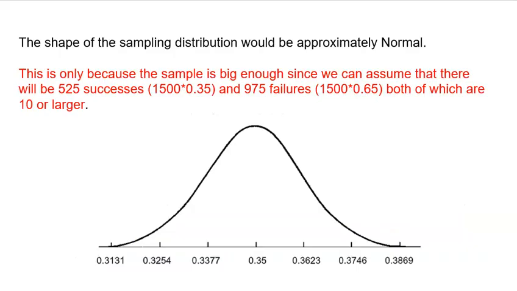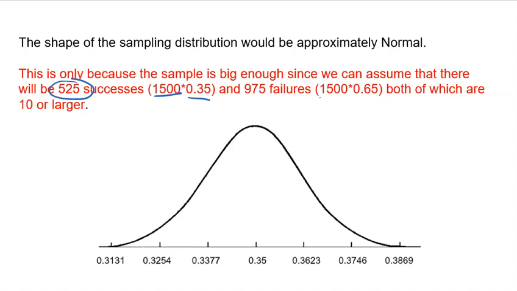Finally, a beautiful shape is going to be normal. But remember, the shape is only going to be normal if I could expect 10 or more successes and failures. So you actually need to show the work for this. So I took 1,500 times P, and that's about 525 kids that are supposed to live near 50 miles from their home, more than 10.